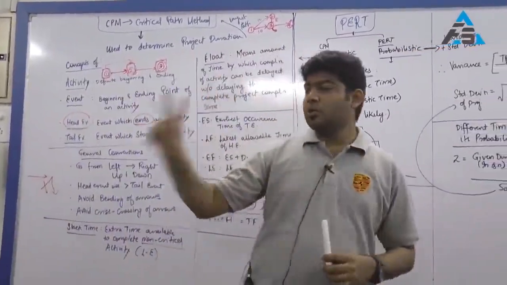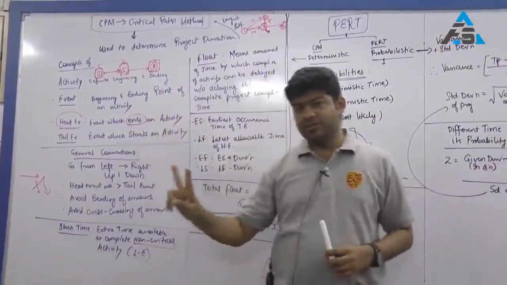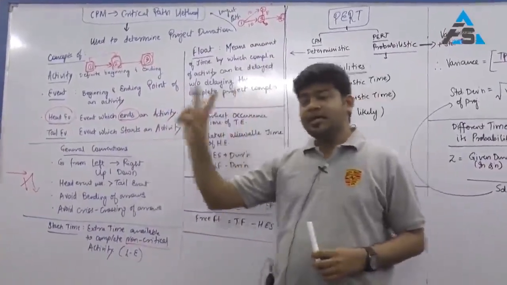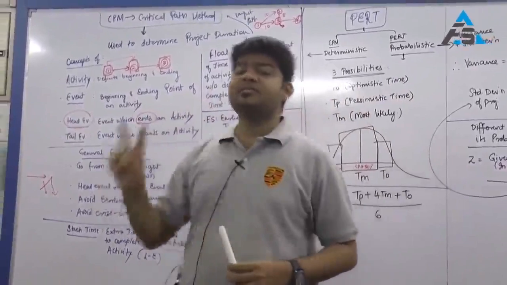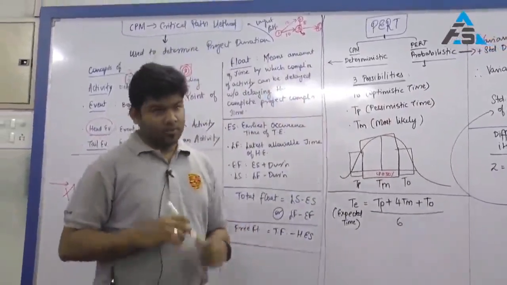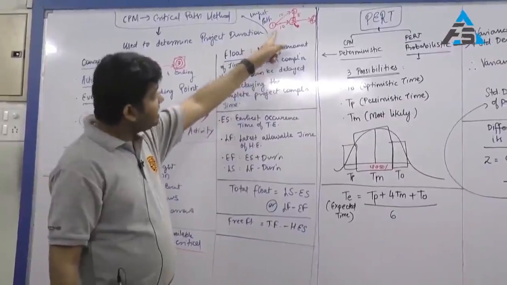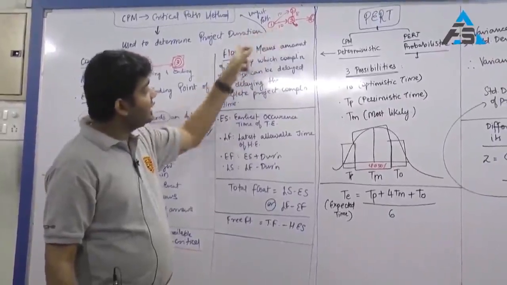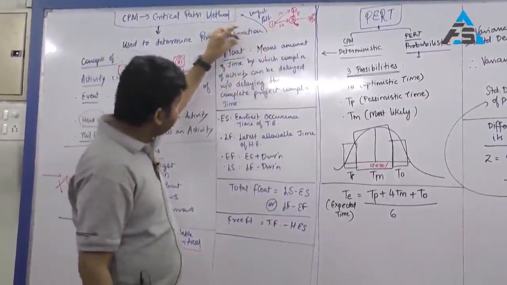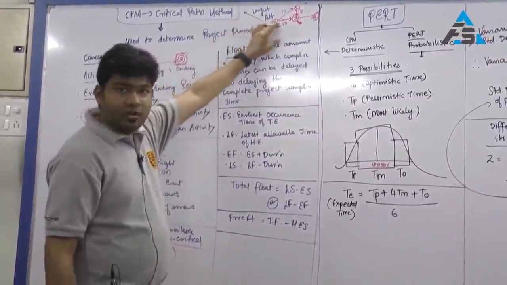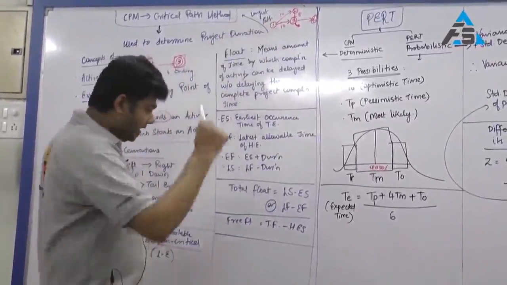Second, E and L of critical activities will always be the same. So if there is a critical activity, every event will have its E and L, and those events on the critical path will always have the same E and L.